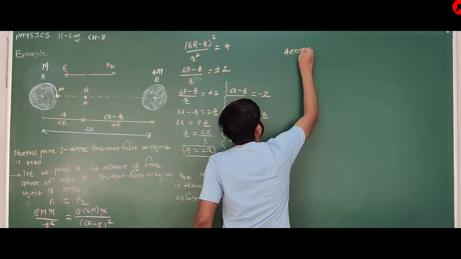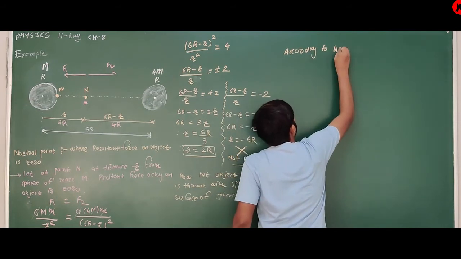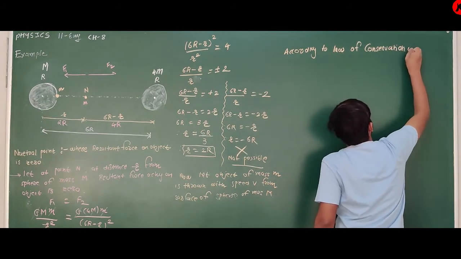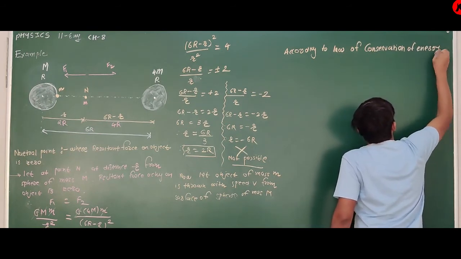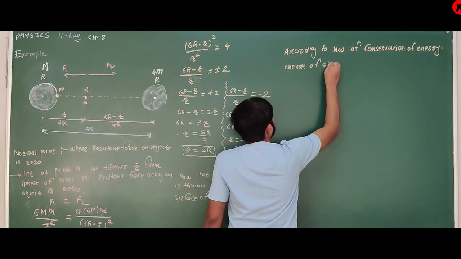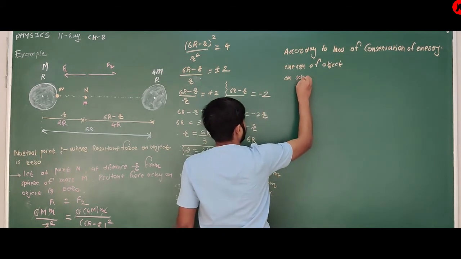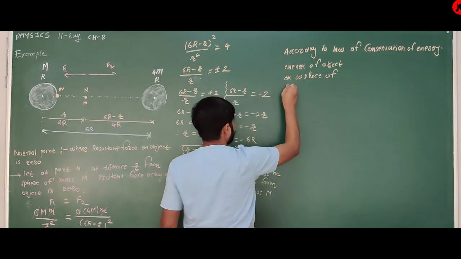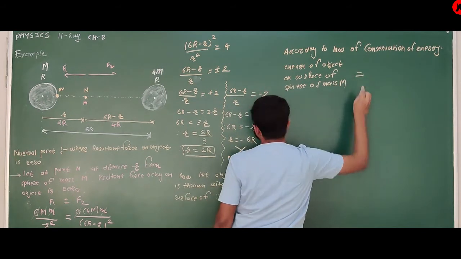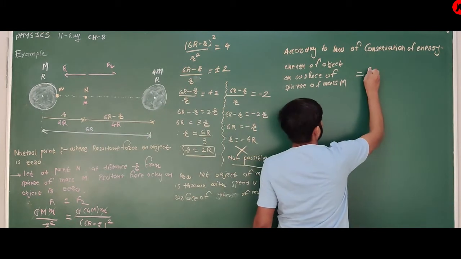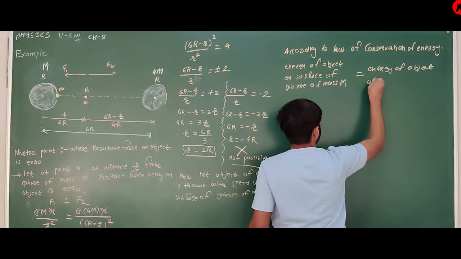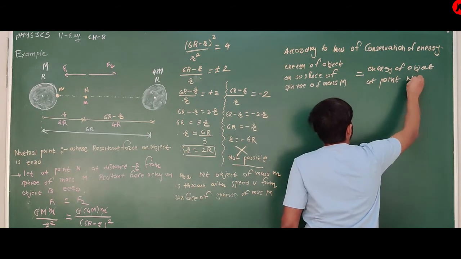According to the law of conservation of energy, the energy of the object on the surface of the sphere of mass m is equal to the energy of the object at point n.